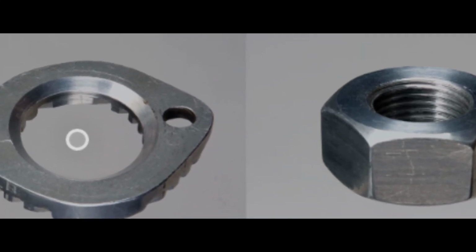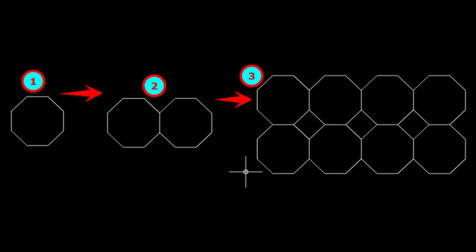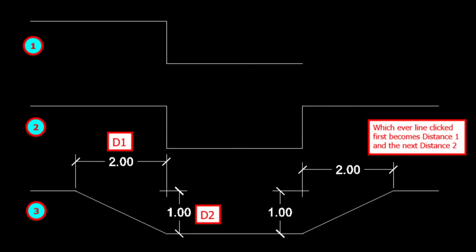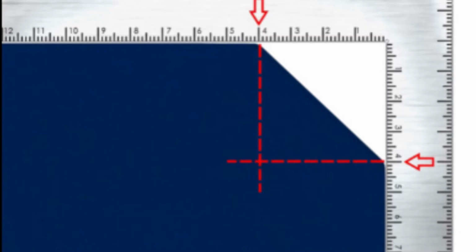There are some exercises at the end of this session and we are going to crack it. But before that, we need to learn the basics. So let's start with the basics. Chamfer is provided in the corners, and distance 1 and distance 2 are provided starting from the corner.